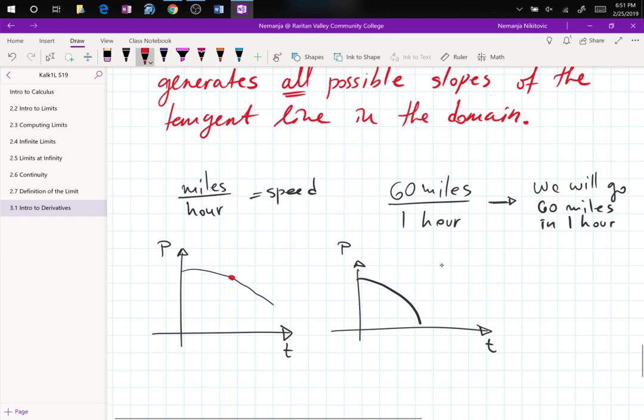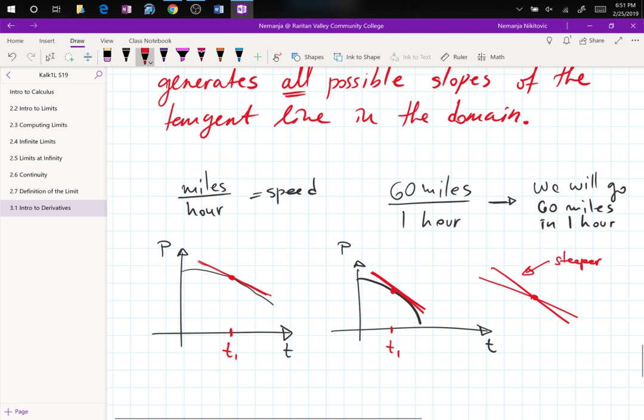You pick a point in time t1, and you see your tangent line is like this, and you pick the same t1, same year, and the tangent line is like that. So one tangent line and the other tangent line. You see that this one over here is steeper. Meaning more loss, if this is loss of population, right?